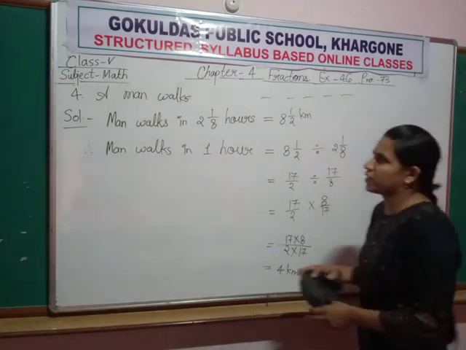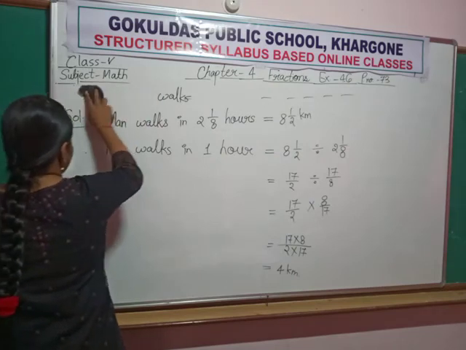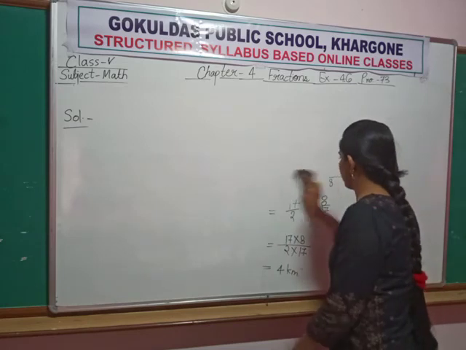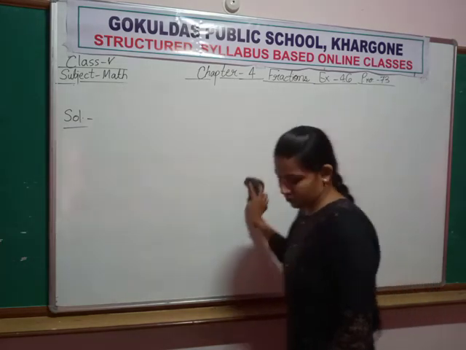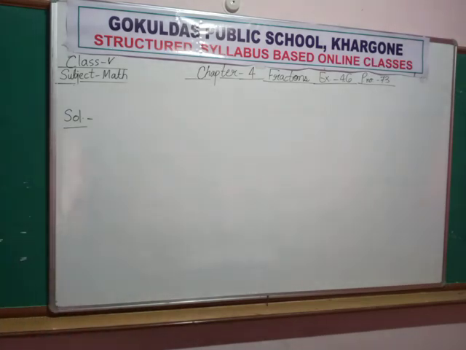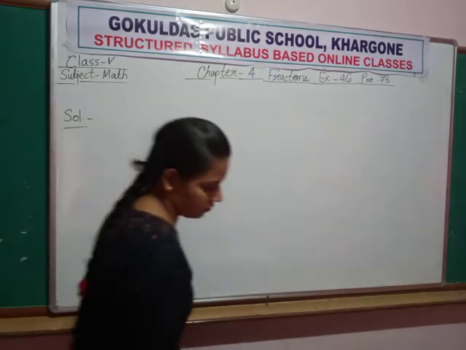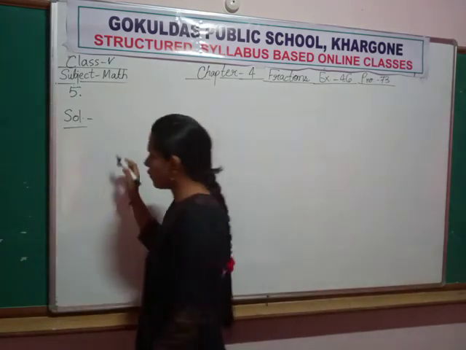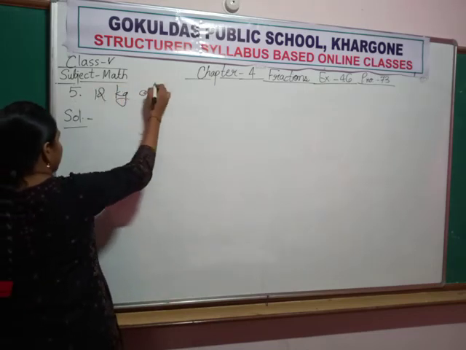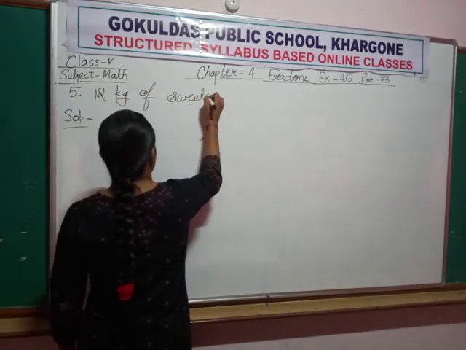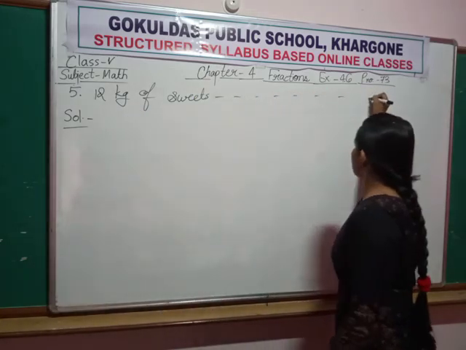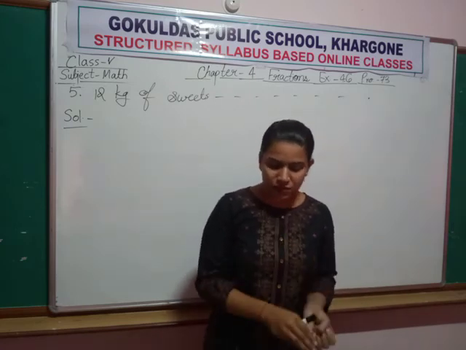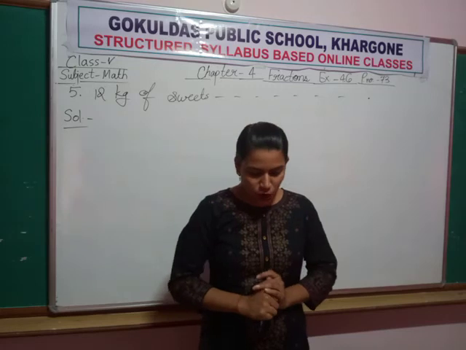Now question number 5 I am explaining. 12 kg of sweets are packed into small packets, and each packet contains 2/3 kg of sweets.